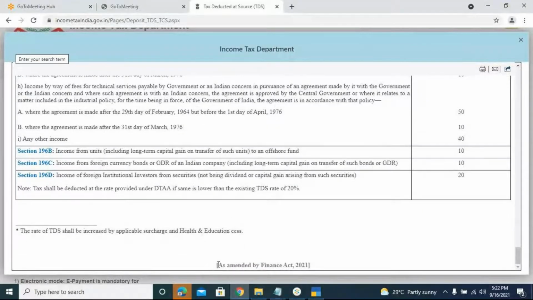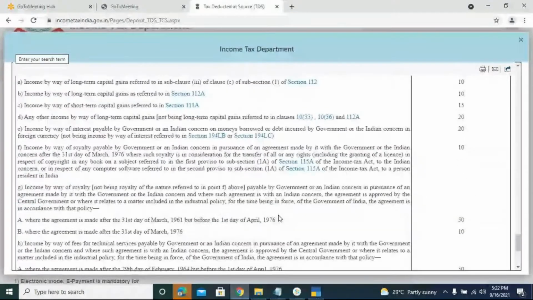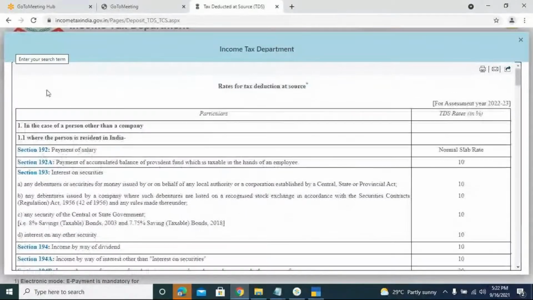Yes, so as amended by the Finance Act 2021. So there's a recent rate list we have got. Yes, very, very important for us.